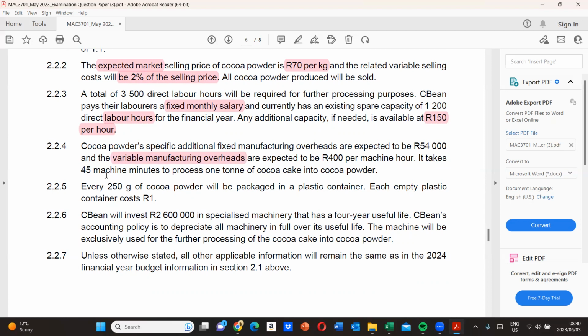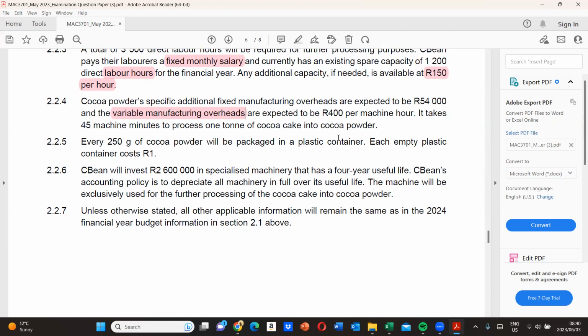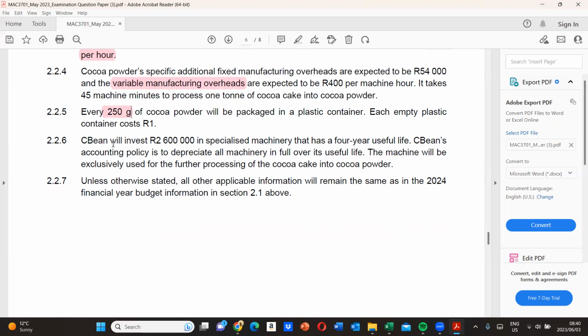It takes 45 machine minutes to process 1 ton of cocoa cake into cocoa powder. Every 250 grams of cocoa powder will be packaged in a plastic container. Each empty plastic container costs 1 Rand. Bean will invest 2,500,000 in specialized machinery that has a 4-year useful life.